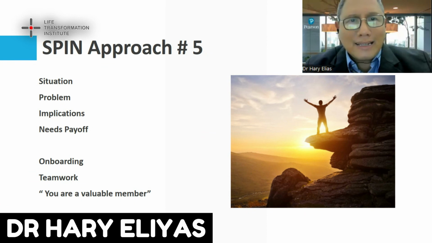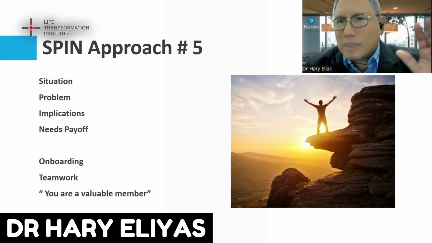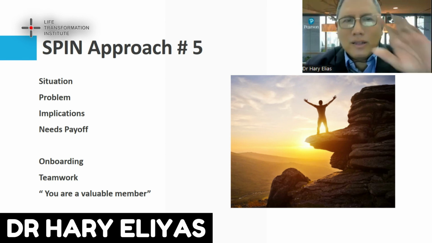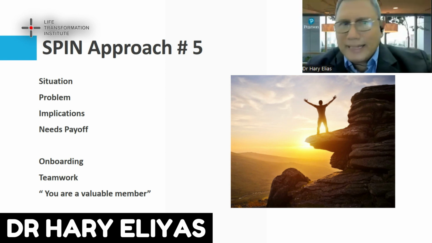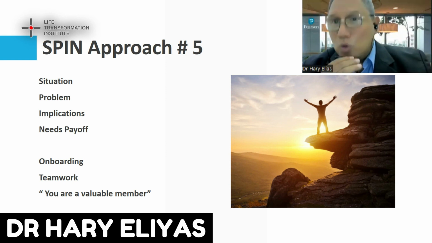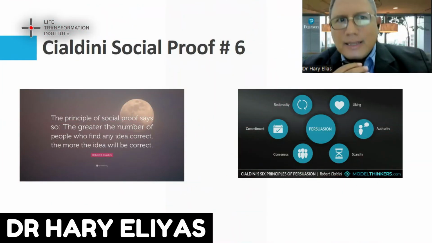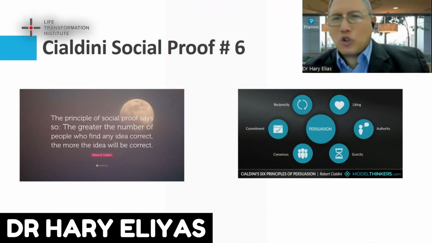Then we looked at a spin approach. And the spin approach was always starting by explaining the background, the problem, the implication, and the needs. What's the keuntungan of what you are proposing? And the last is, of course, Cialdini's social proof.